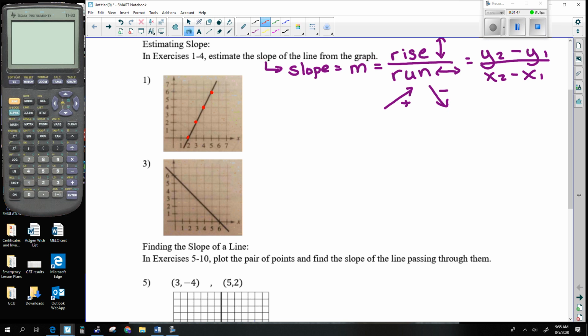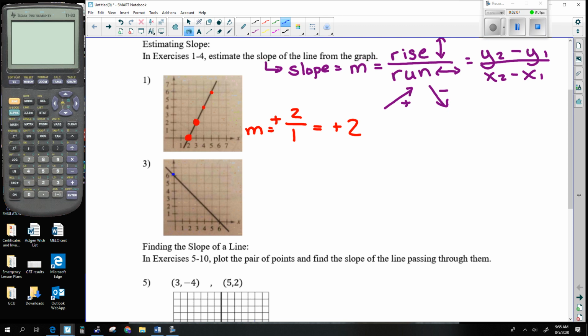So I pick out 2 points. The slope of this line has a rise, up and down, of 2, a run, side to side, of 1, and it's going uphill, thus it's positive. So this slope is positive 2.